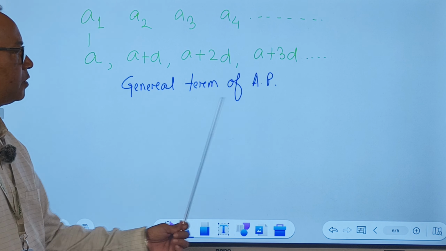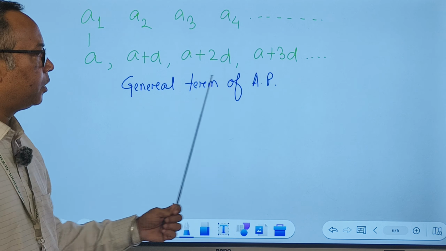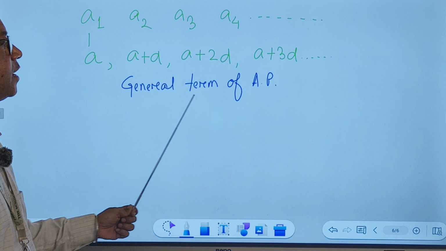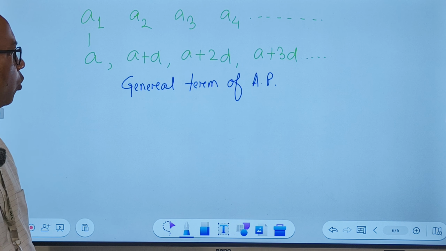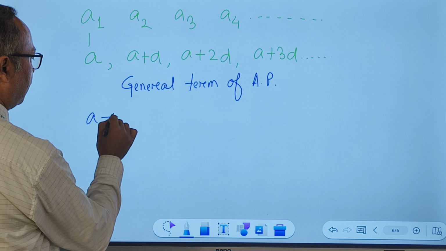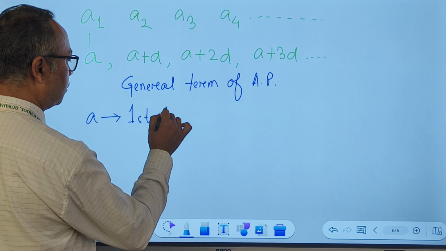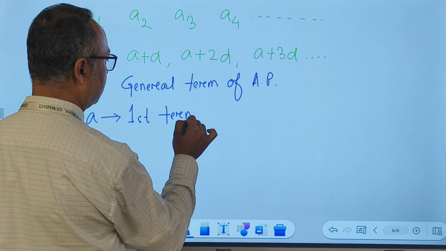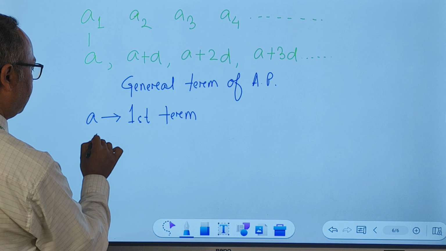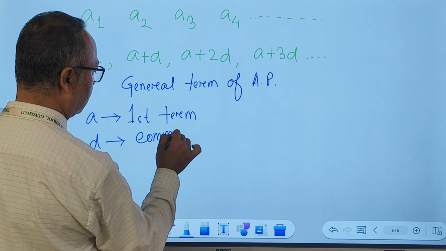This particular expression of the sequence of numbers is called the general term of AP, where A is the first term and D is the common difference.